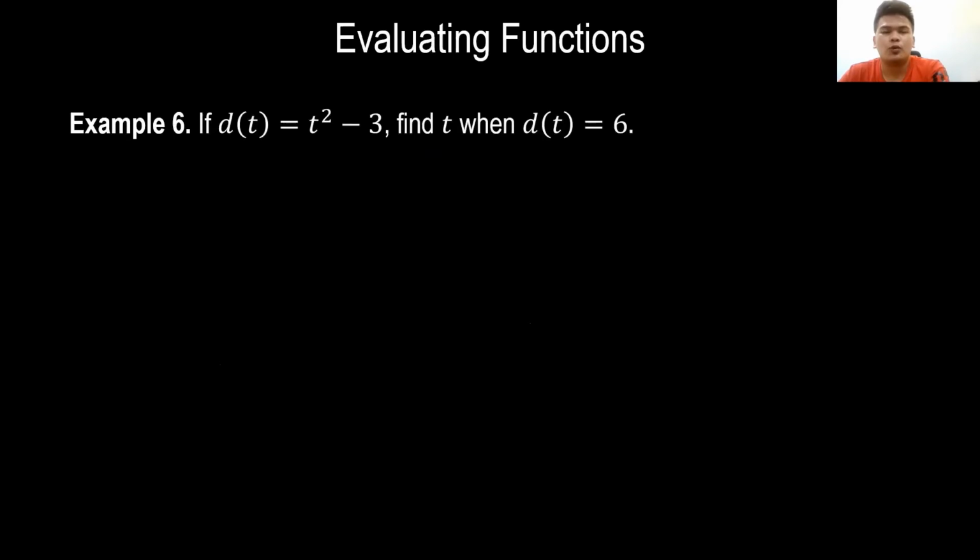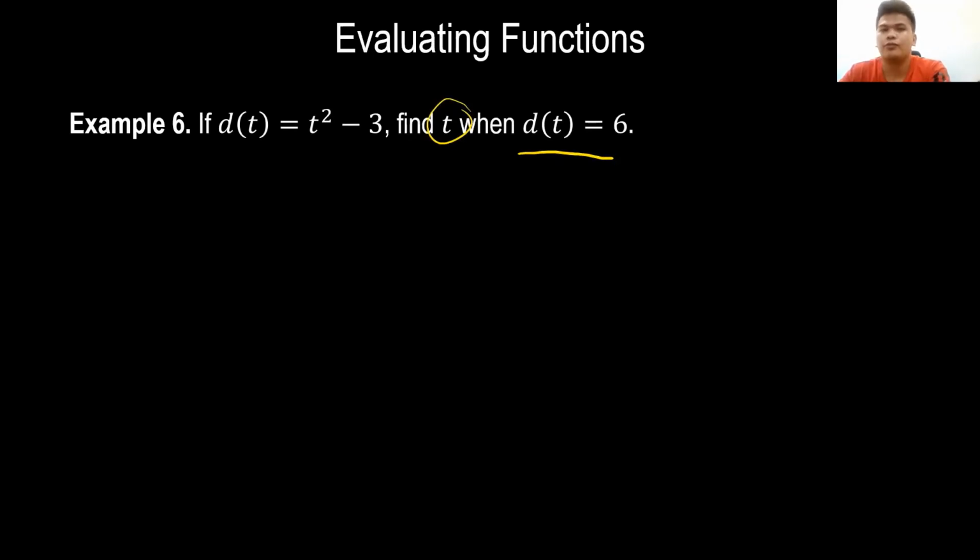So here we have, if g of t is equal to t squared minus 3, find t when g of t is equal to 6. So here, our output is given, which is equal to 6. Now, to solve for t, all we need to do is we just need to replace g of t by 6.